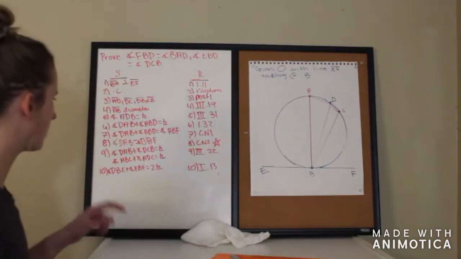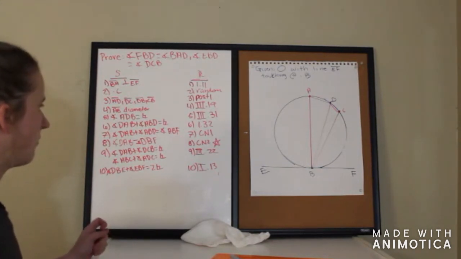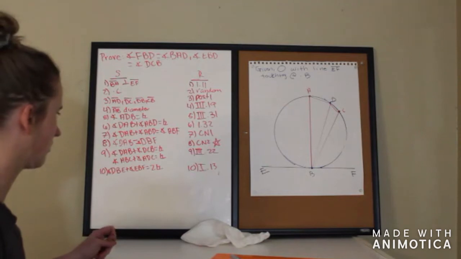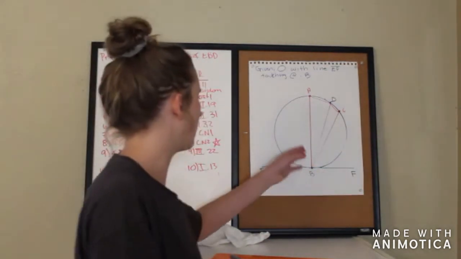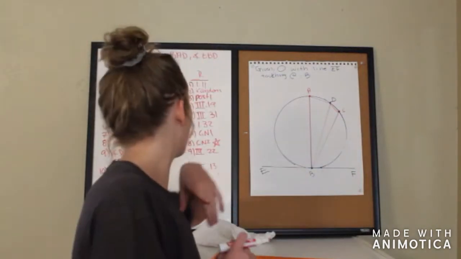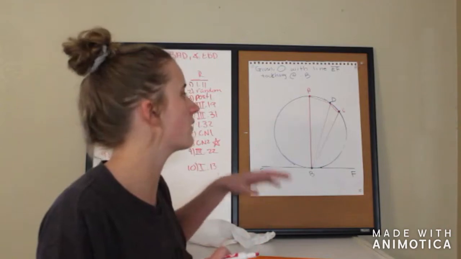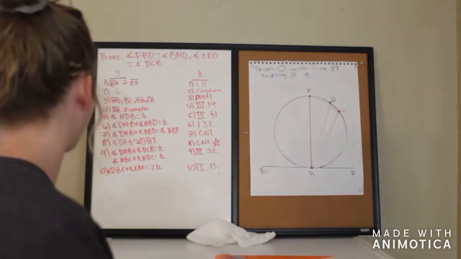We know that those are equal to 2 right angles because they fall on this line. Whenever you have a line and you have a line coming off of that line, the angles on that line are going to add up to 2 right angles.